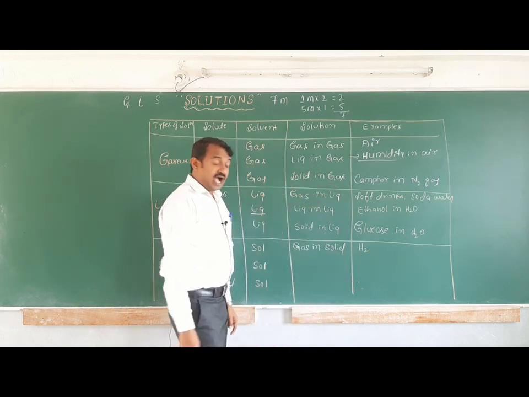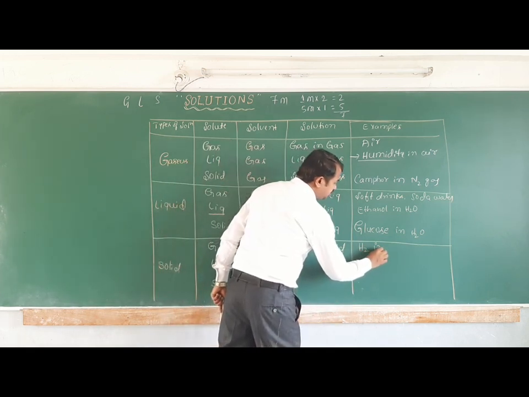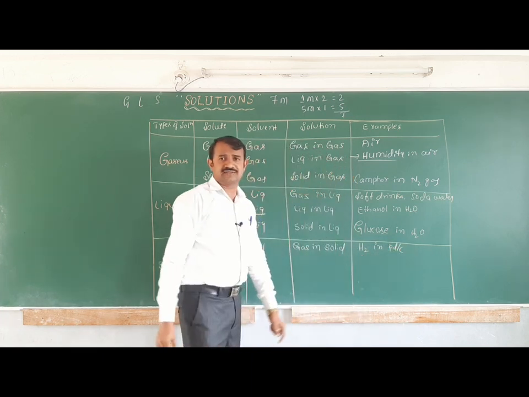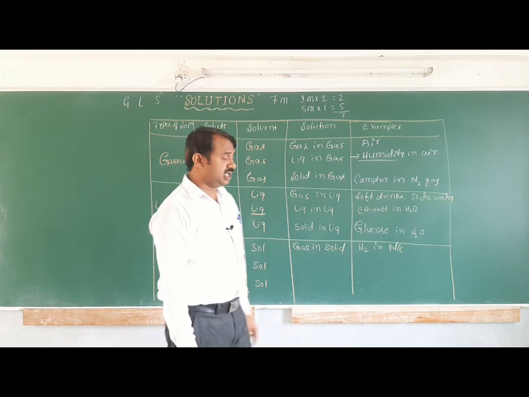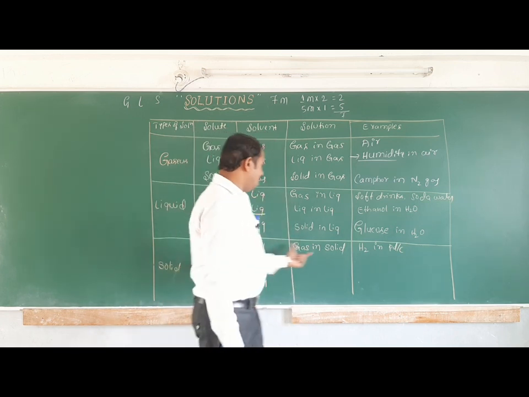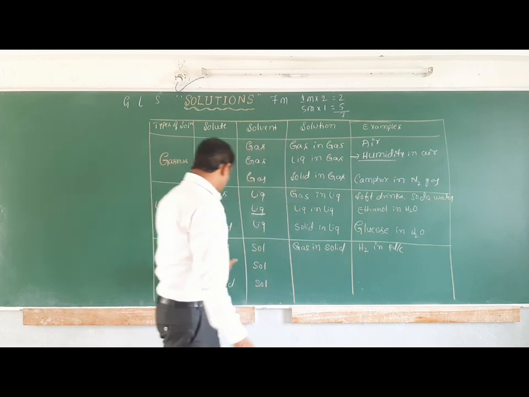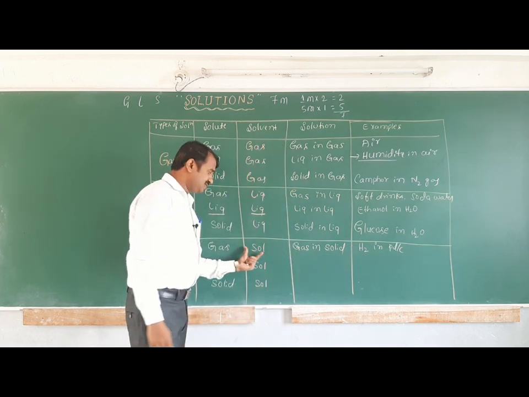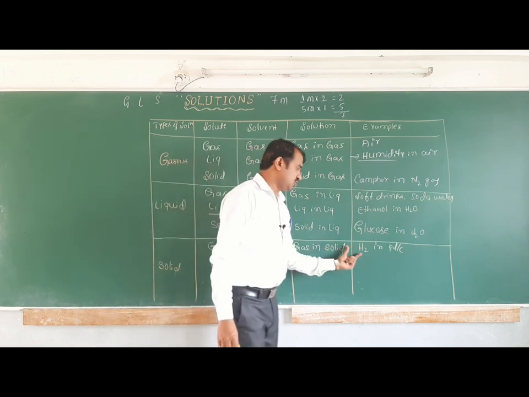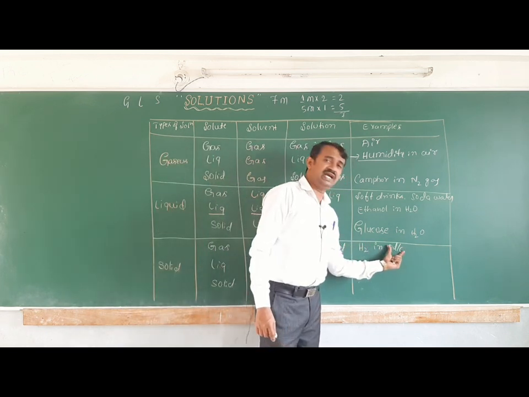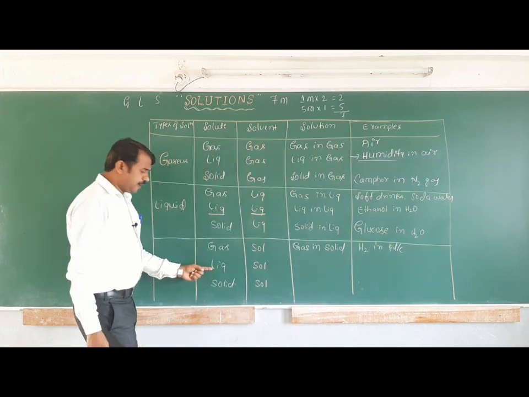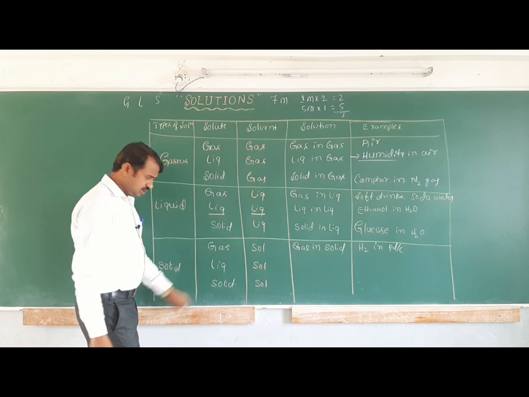Hydrogen gas. Hydrogen gas we use with palladium carbon, or hydrogen gas with nickel. These are the types of solution, gas in solid, hydrogen gas in palladium carbon. Good examples.